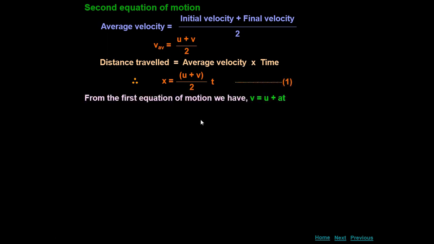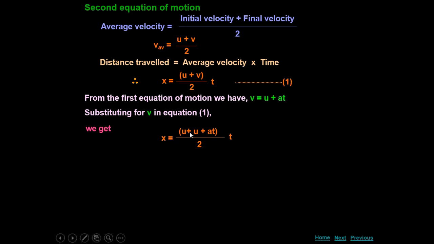We have already seen the first kinematical equation, that is v is equal to u plus at. We have to substitute the value of v in equation 1. Instead of v we will put u plus at. So x is equal to u plus, instead of v we have taken u plus at, divided by 2, and t is as it is.